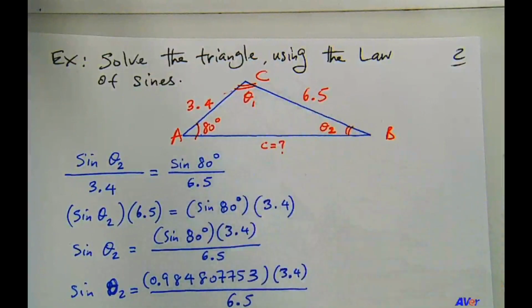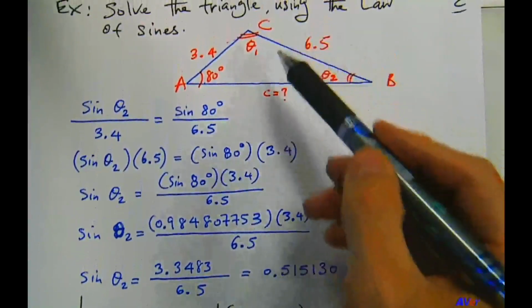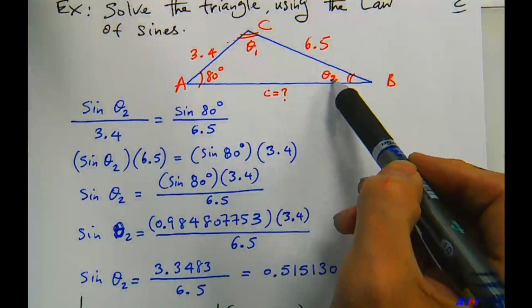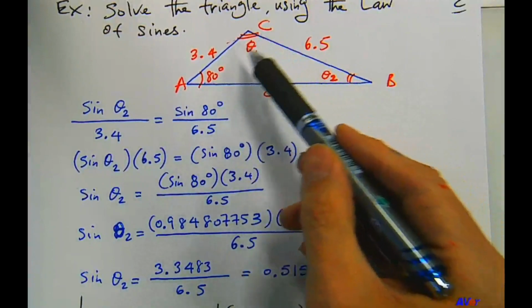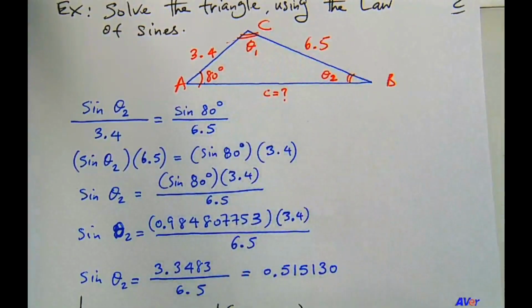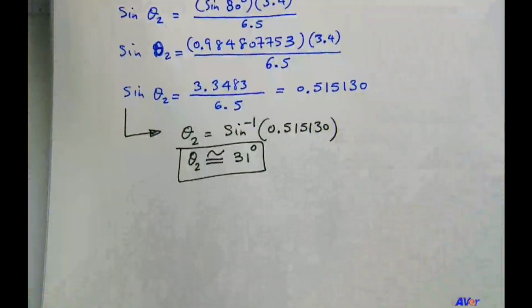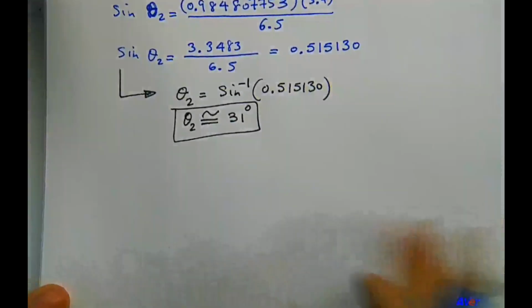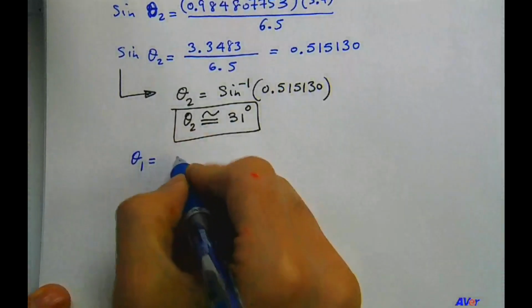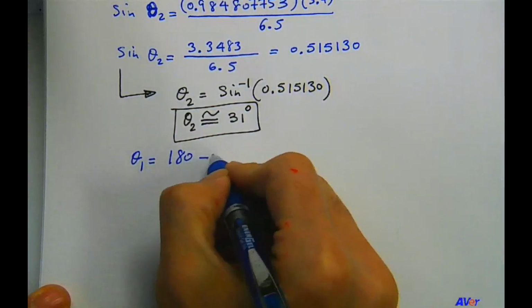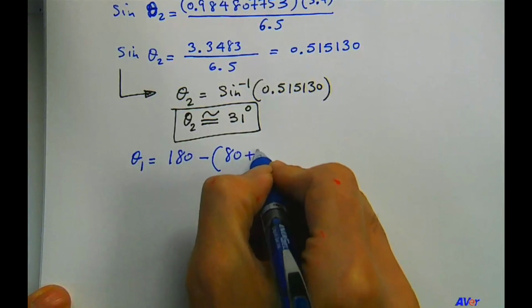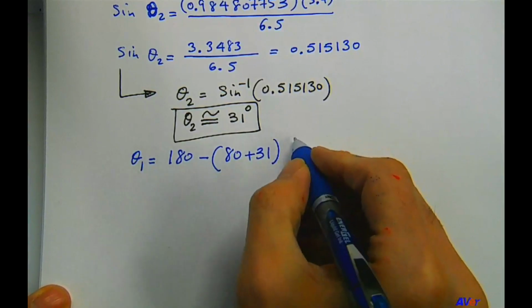That's much easier than finding this theta 2, because all we have to do is add theta 2 and 80, subtract it from 180, and we get that, right? So theta 1 is equal to 180 minus 80 plus 31 degrees.